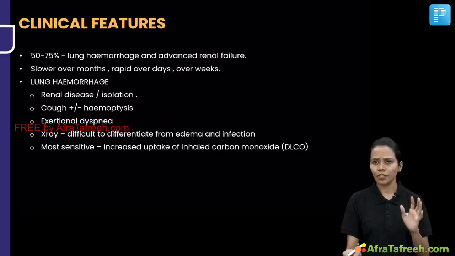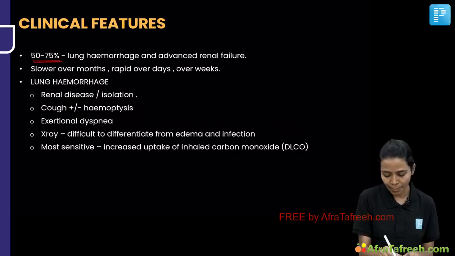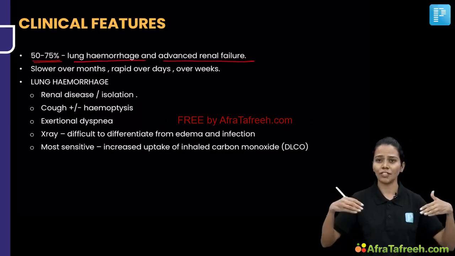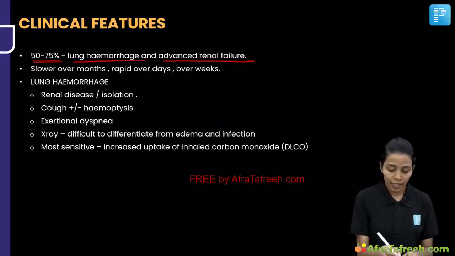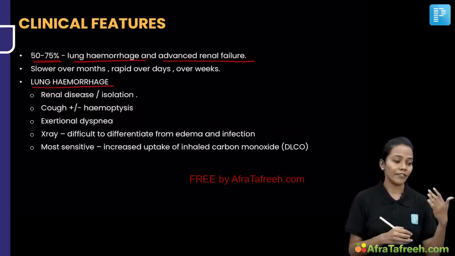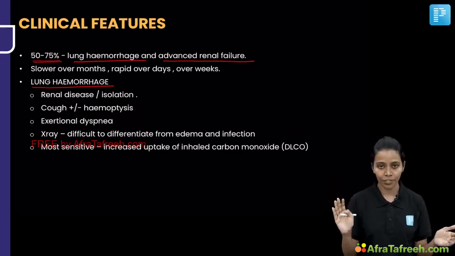Now, coming to the clinical features. Two important organs are involved: the lung and the kidney. 50 to 75% of patients present with lung hemorrhage and advanced renal failure, so renal failure is going to be pretty advanced. These can present abruptly, with sudden onset, or over weeks to months. Coming to lung hemorrhage in detail, it can occur with renal disease or in isolation, that is, just with lung hemorrhage.